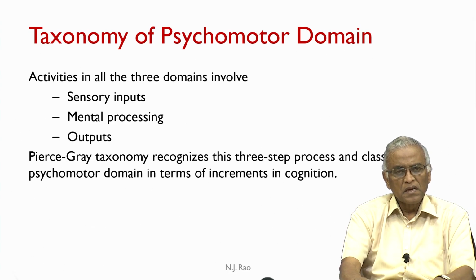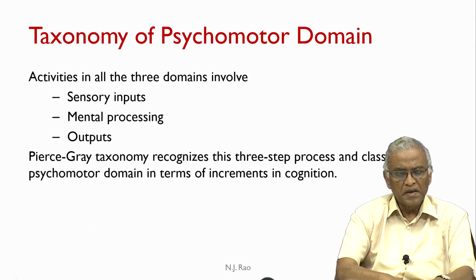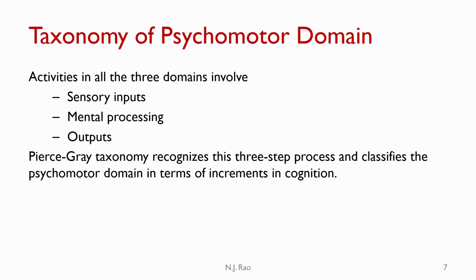And here Pearce-Gray recognize that as you consider the role of cognitive processes, the level of the psychomotor domain also increases. That means a higher psychomotor domain level corresponds to a higher cognitive level as well. That is what it means. It is arranged in increments of the cognitive dimension.